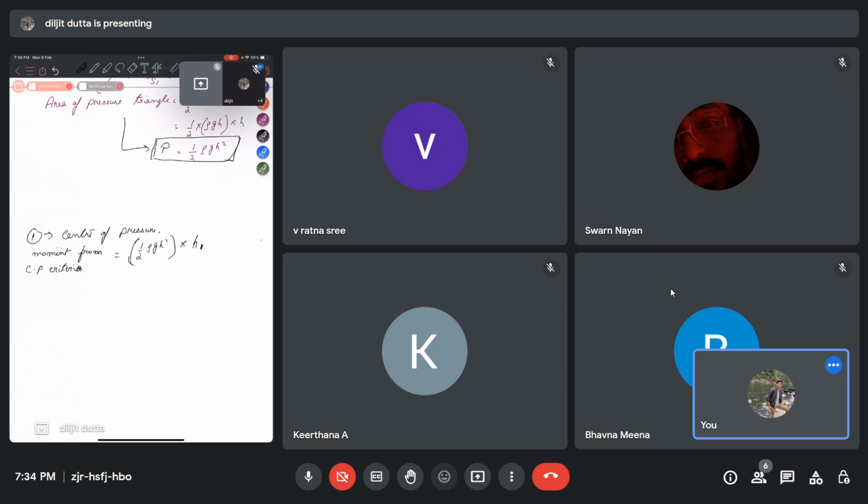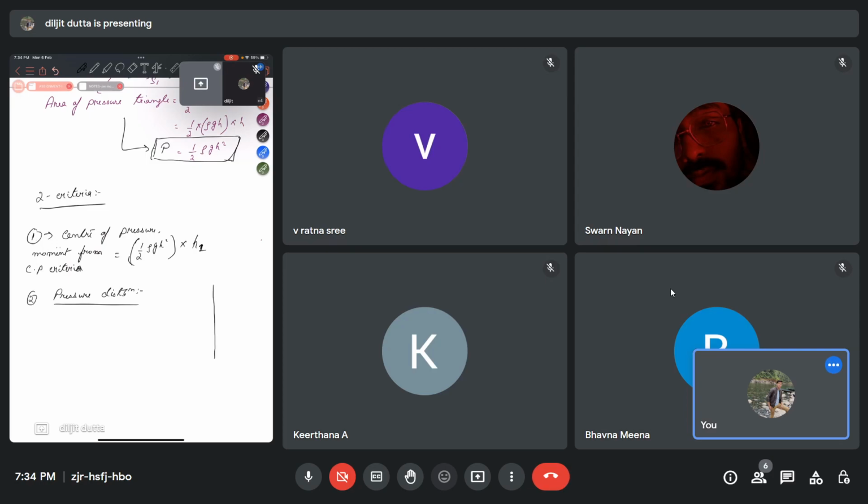Moment from center of pressure: half rho g H square into H1. Okay, the second criteria is the pressure distribution.